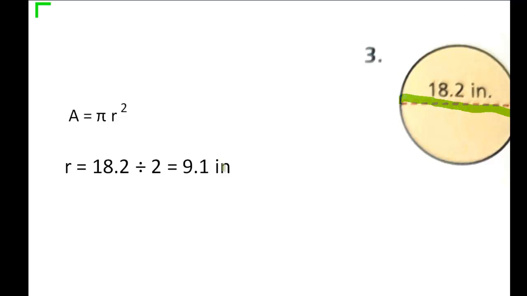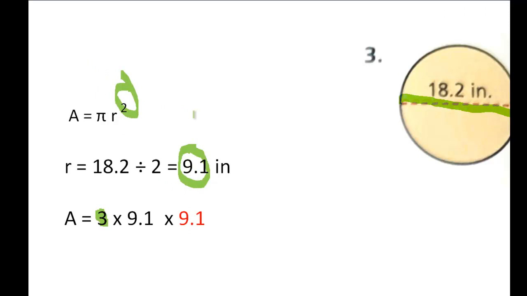Then let's put in our rule. A equals pi, which is 3. We said before pi equals 3. R is 9.1, not 18. 18 is diameter. Now r is 9.1, and square means that I will take 9.1 multiplies 9.1.